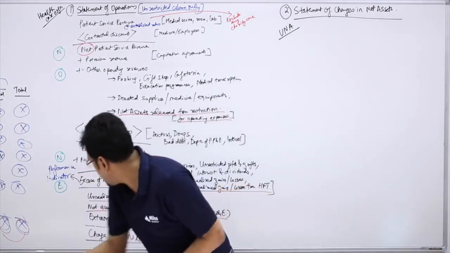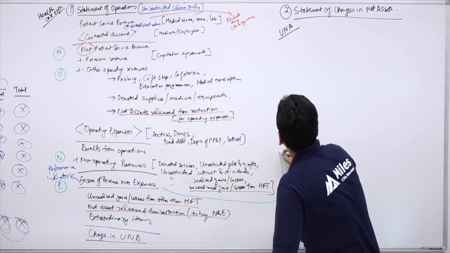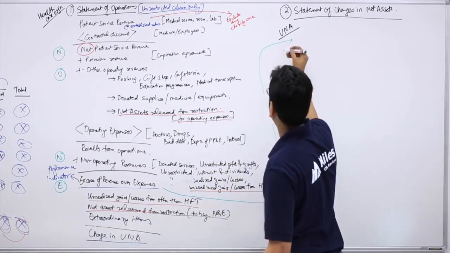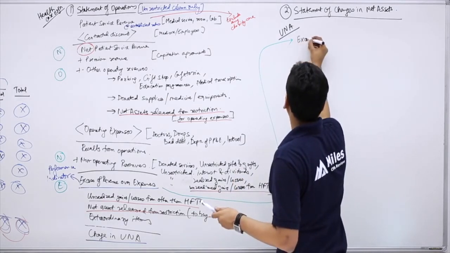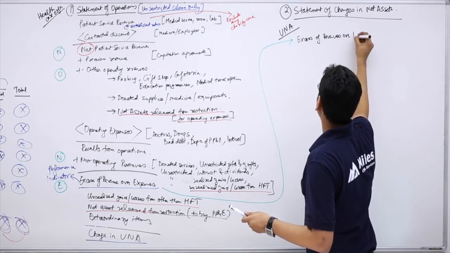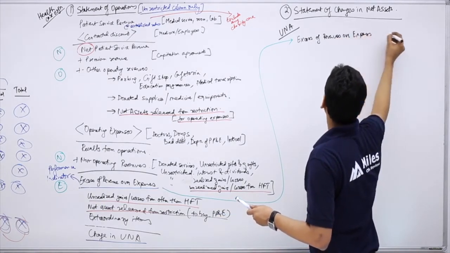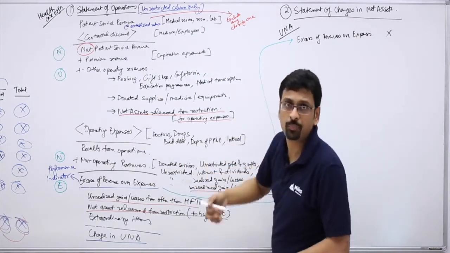So if you realize, here we had excess of revenues over expenses. So we would start here with this performance indicator. So we would have excess of revenues over expenses, and that would be the same dollar number as you have for the performance indicator out here.